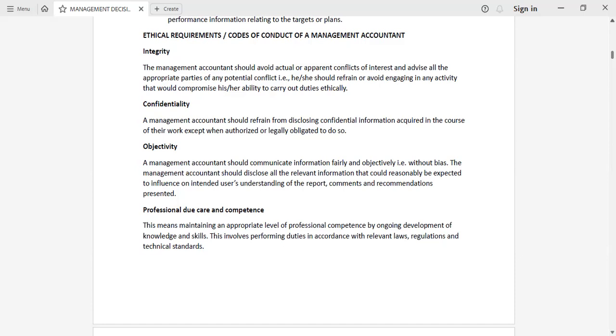In other words, you shouldn't share this information, because as a management accountant, you are in a position of having information that belongs to the organization, whether it is secret or the normal information that everyone can have. So if the information has been made secret to certain people, then you shouldn't disclose that information to other people who are not supposed to receive it.